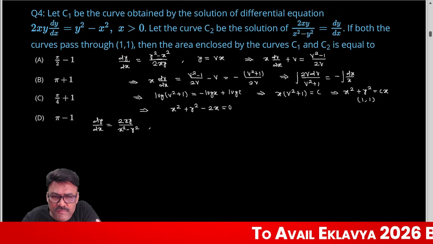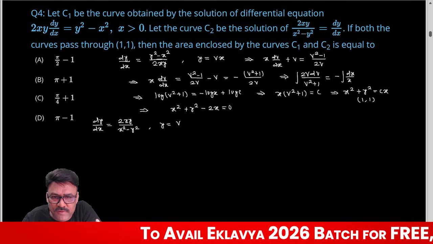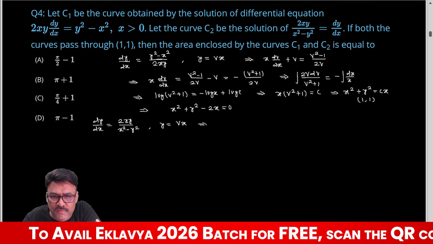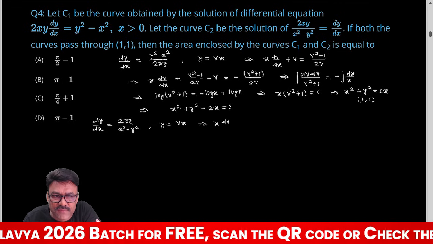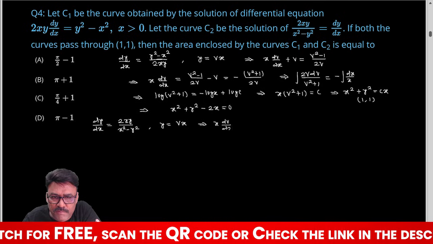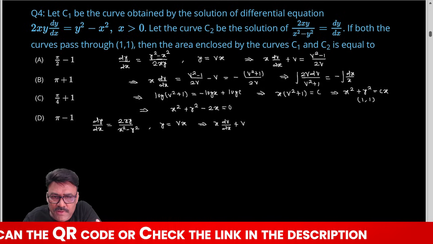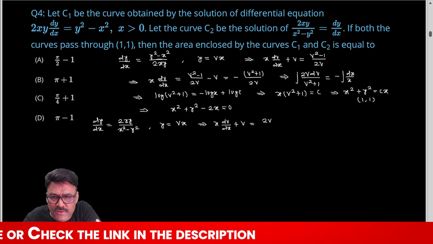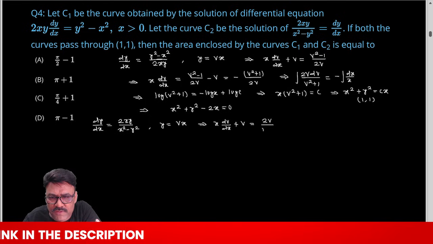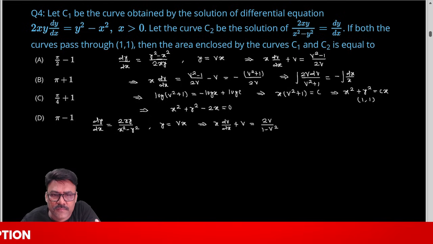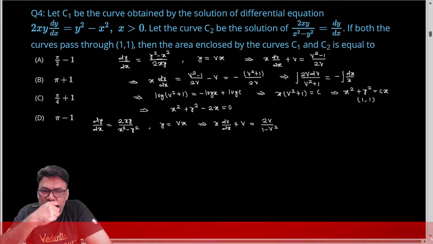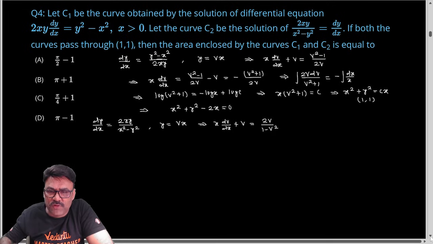Same here, this is also homogeneous. So if I substitute y is equal to Vx here, I will get x dv by dx plus v, and on the right side, I will get 2v by 1 minus v square. Just put y is equal to Vx on the right and simplify. This is what you are getting.